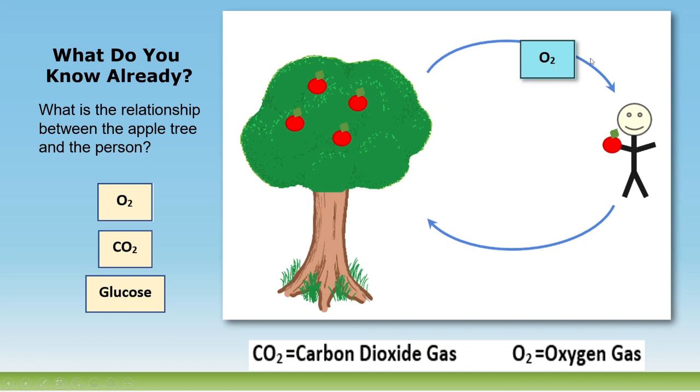That's really nice for us because if you look at this arrow, we breathe in oxygen, and we breathe out carbon dioxide. So on your diagram below, I want you to write down in these spots where they occur in the cycle.